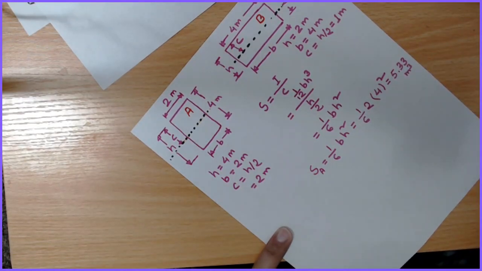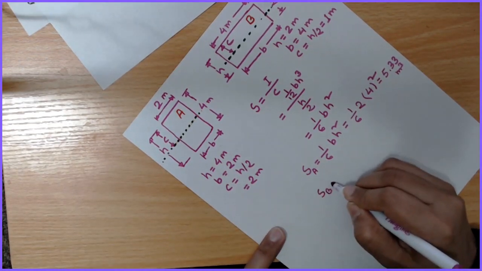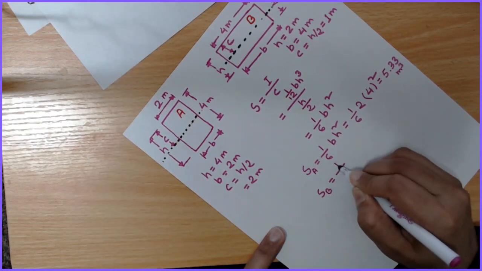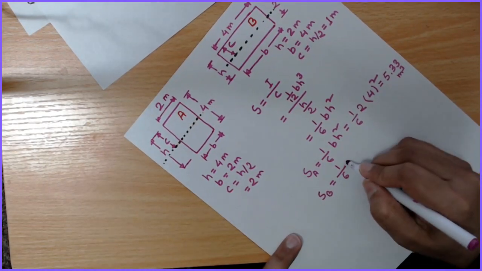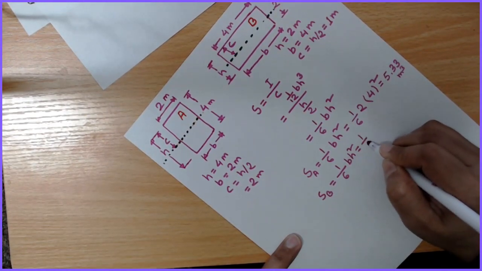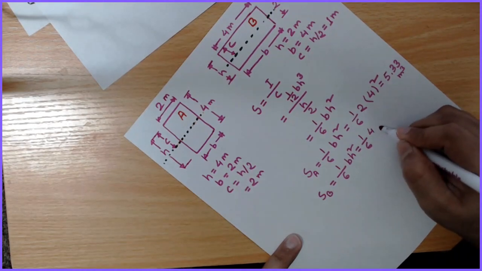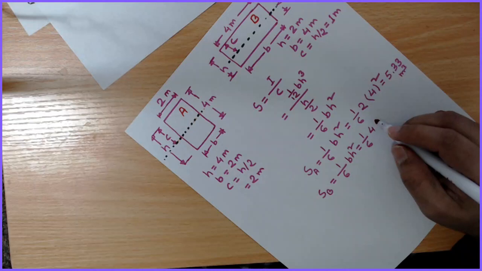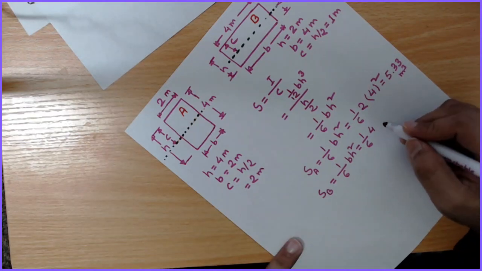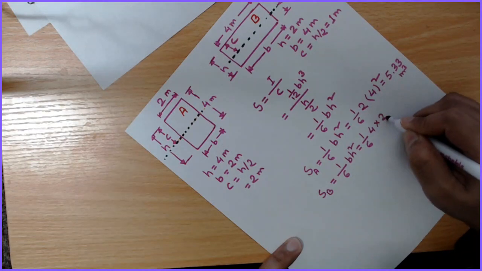And S_B, section modulus for orientation B, is 1 by 6 bh square. Now here b is 4 meter and h is 2 meter.